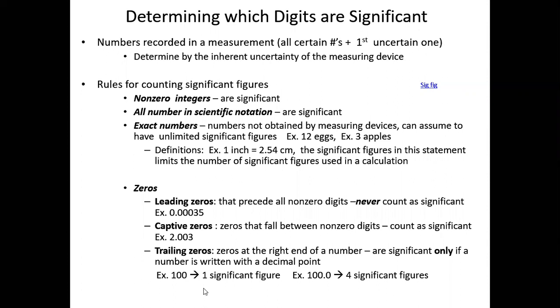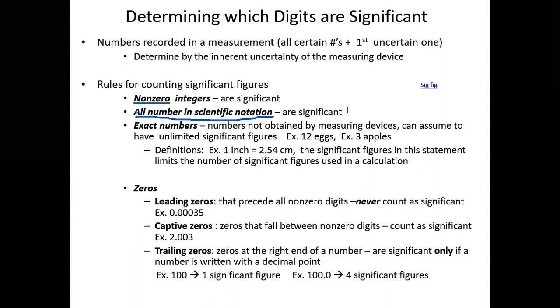And so the first rule is fairly straightforward. Any digit that's a non-zero digit is significant. So any number 1 through 9 that you see in a measurement is a significant figure. Secondly, all numbers in scientific notation are significant. So whether they're zeros or non-zero, they're significant.